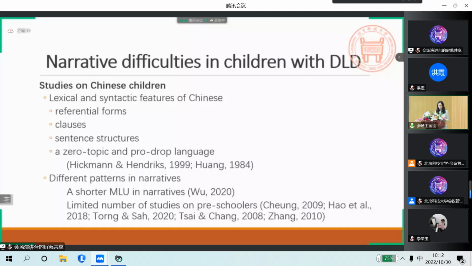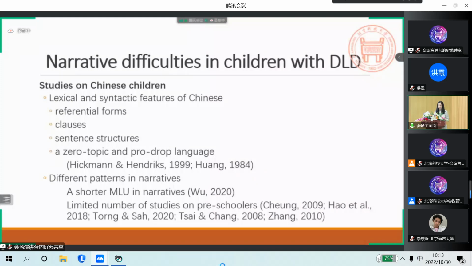These syntactic features might have some impact on narrative production or construction, because different syntax structures might pose different demands in cognitive processing. Also, according to previous studies, Chinese children might show shorter mean length of utterance in narratives, maybe because there are no subjects or objects in the sentence.